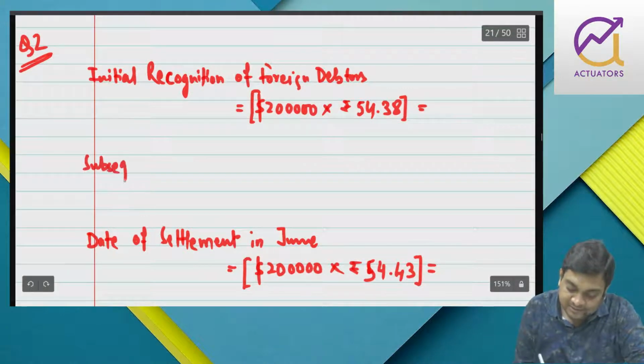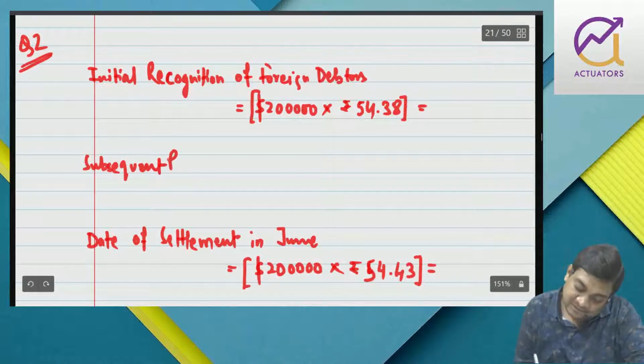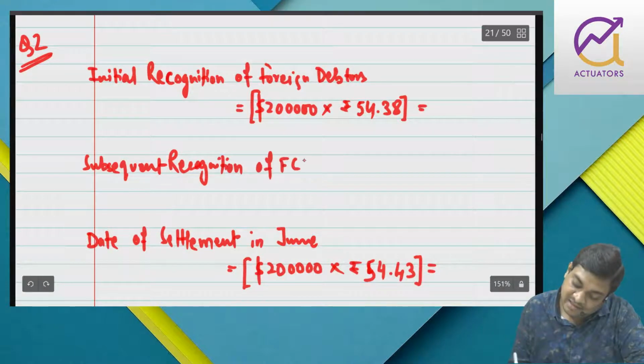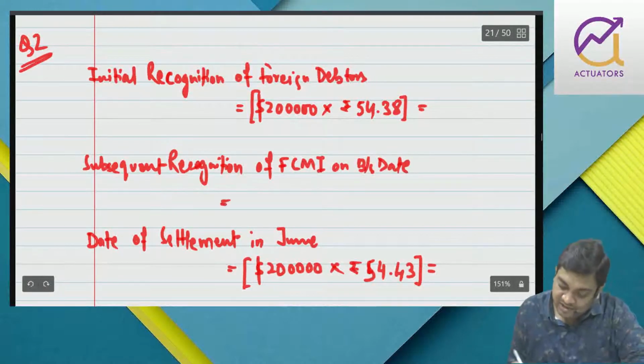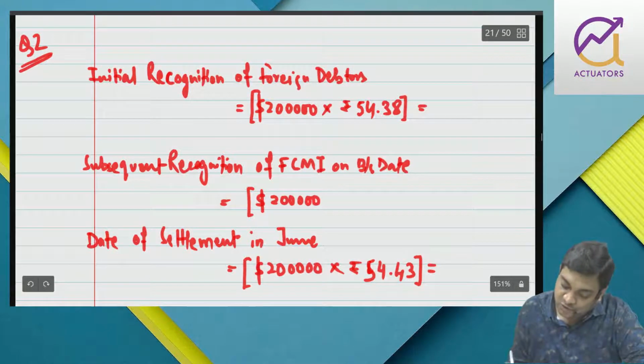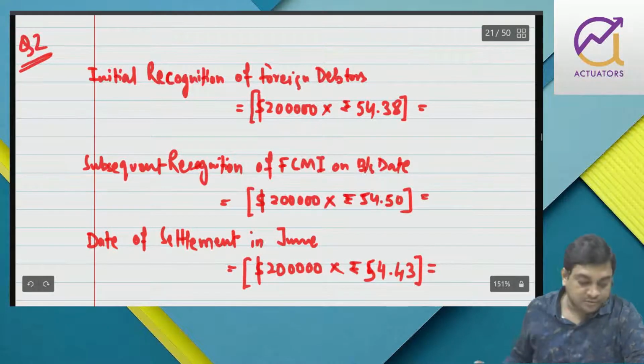Subsequent recognition of FCMI, this is foreign debtor FCMI, on balance sheet date, 2 lakh into 54.50.